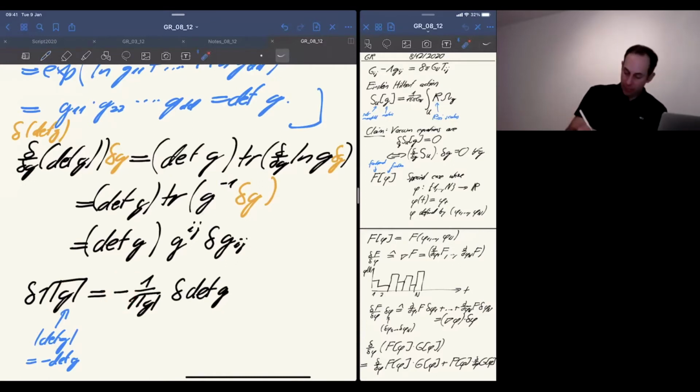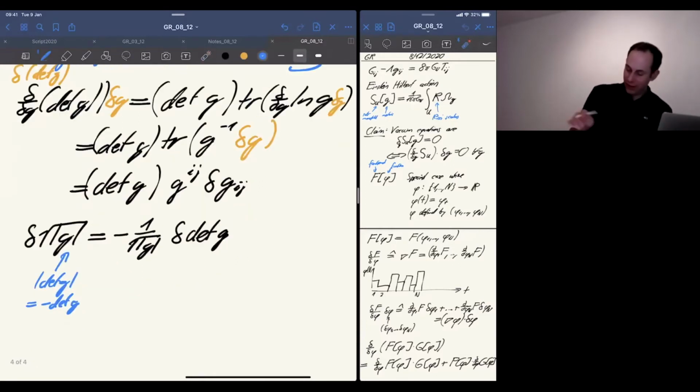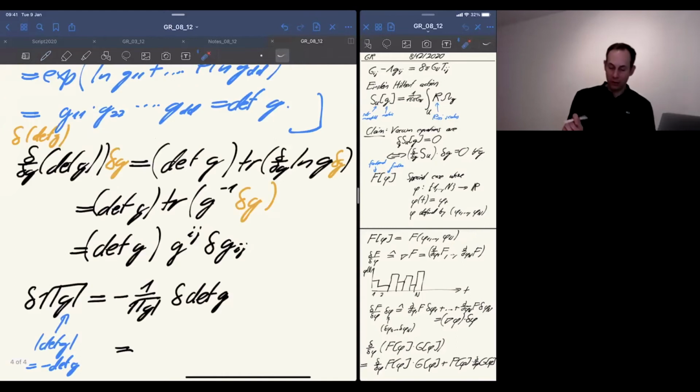Okay, now we can combine everything, or at least we can combine it with the step we did above, namely this calculation. We already know what the delta of the determinant of G is.